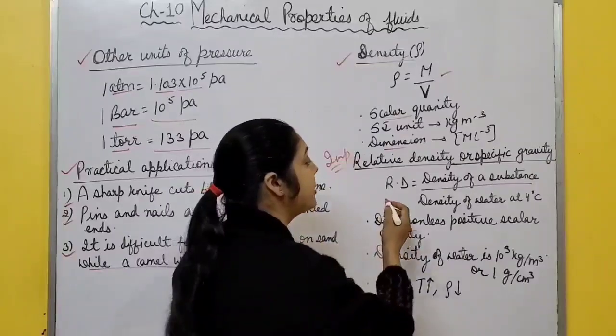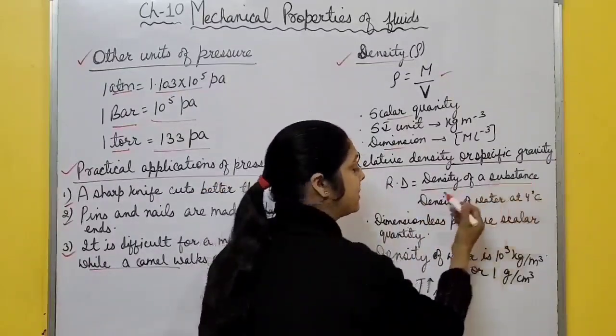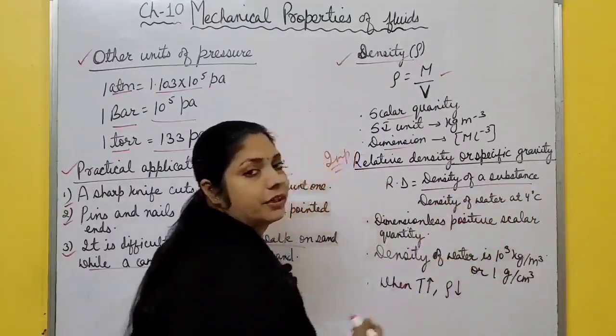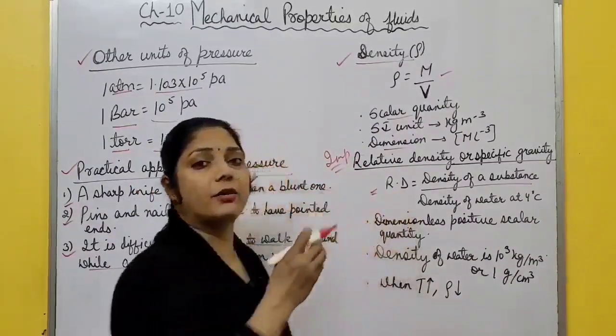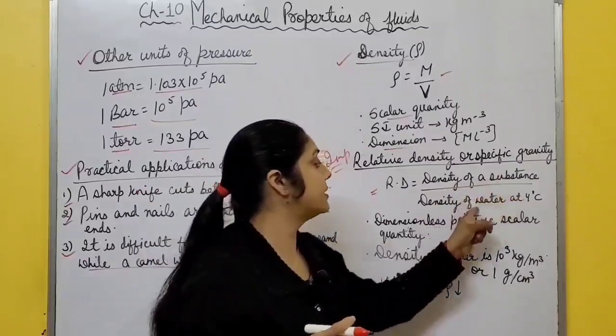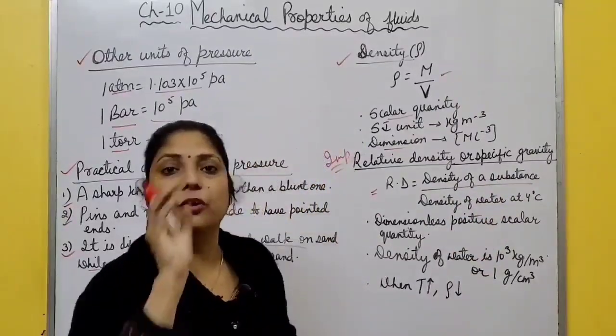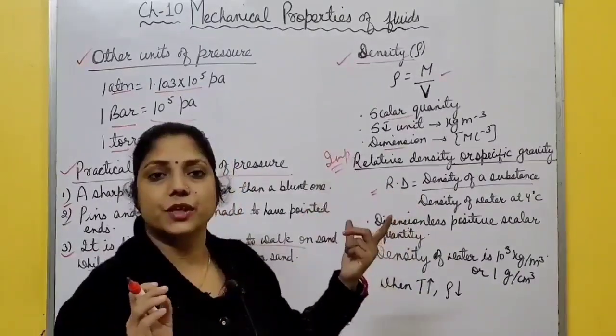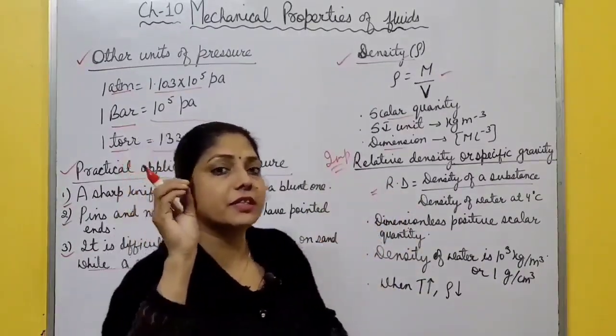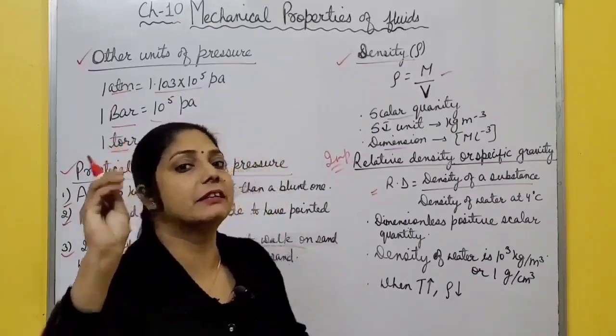What is this relative density? Relative density is the density of a substance divided by the density of water at 4 degrees Celsius. It just gives an idea of how much heavier a given substance is than the same volume of water. If relative density is 4, it means the density of the substance is 4 times that of water.